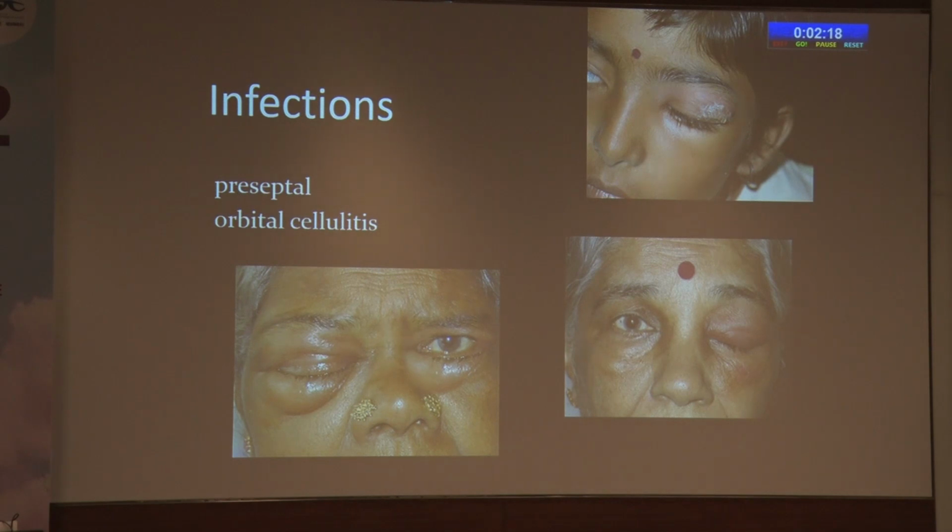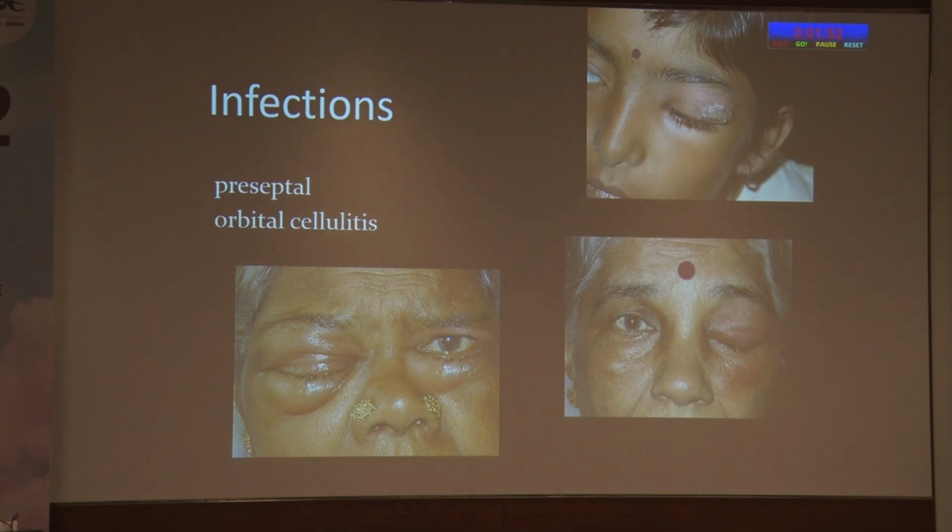As far as infection goes, you need to do a proper examination to rule out whether it's a preseptal or an orbital cellulitis. Pure clinical examination will tell us whether it's preseptal or orbital cellulitis. Before the advent of MRI and CT, a lot of diagnosis was made purely on clinical examination. Now we have the advantage of investigations, which augment our diagnosis.